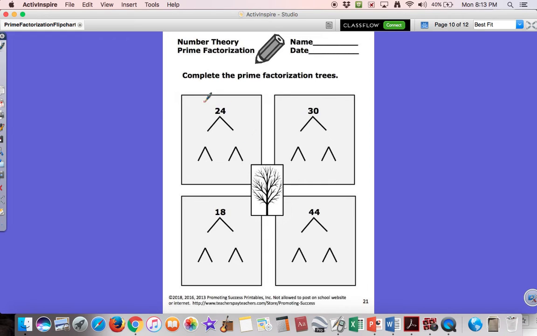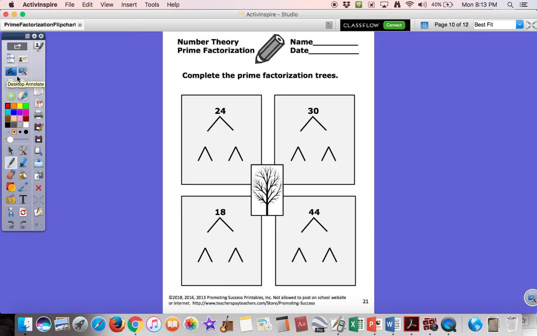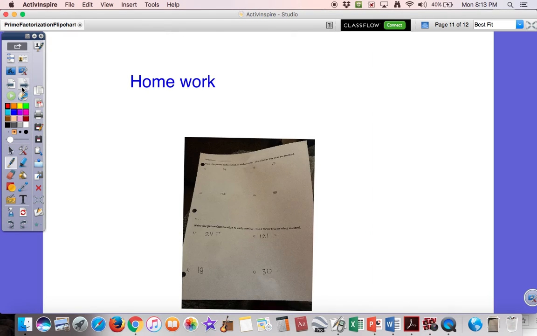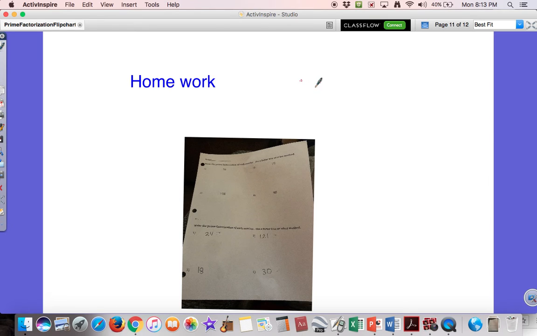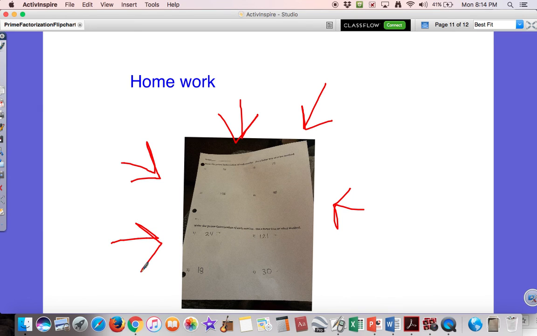And then after you finish that, you're going to do this worksheet, and this is homework if you don't get this done. Make sure you get this done for when I get back. All right? Okay, so there you go.